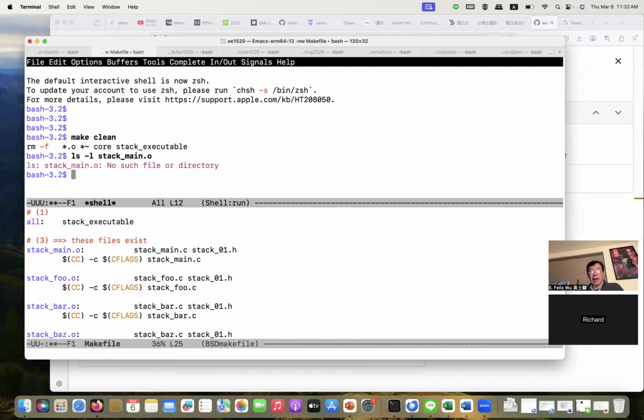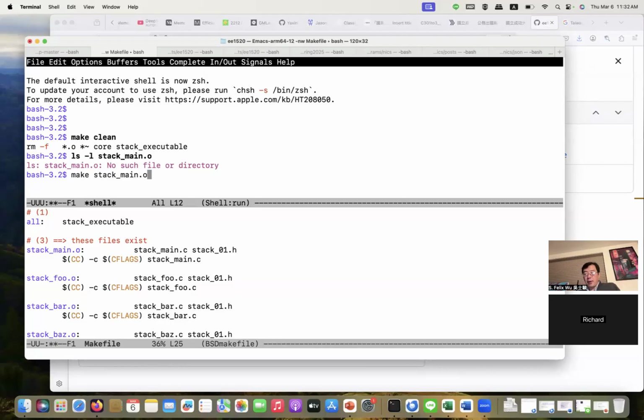You see that I don't have stack_main.o. So now I can say make stack_main.o. So essentially, I use the make program to directly invoke this rule.